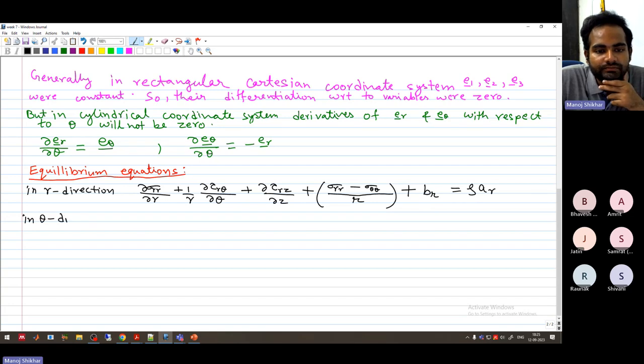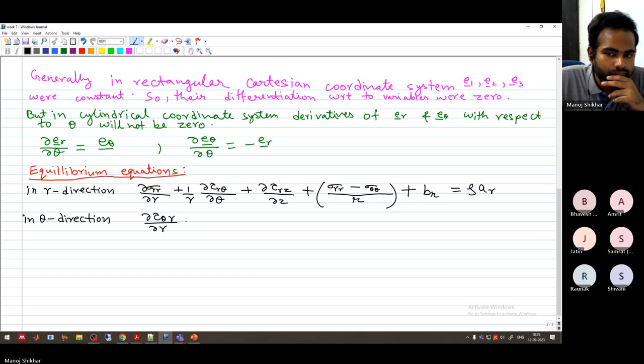In theta direction, personally I prefer to write sigma r theta, sigma r z, but since sir has followed this tau convention for shear stress, I'm writing tau there.